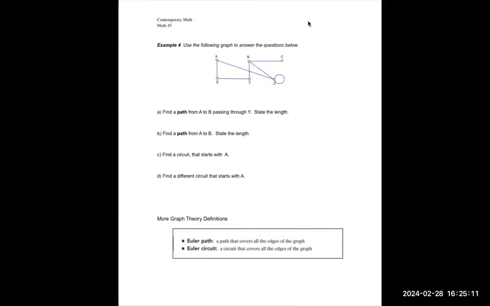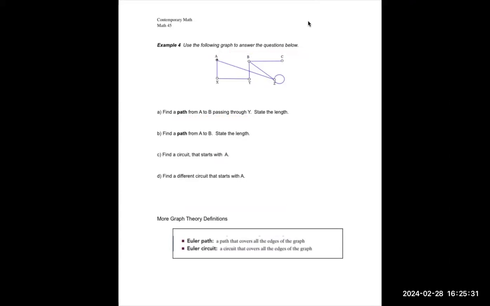All right, so use the following graph to answer the questions below. Find a path from A to B passing through Y. So I could go like this.